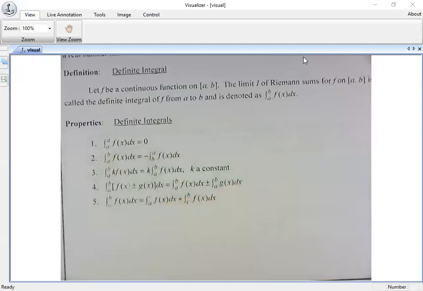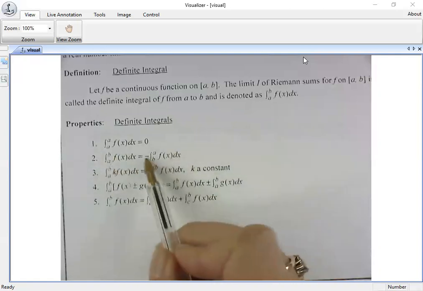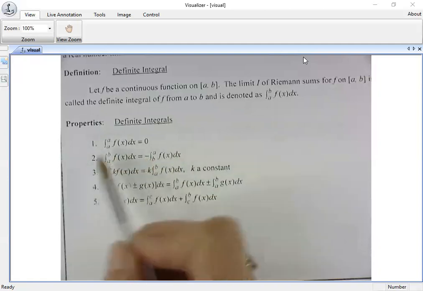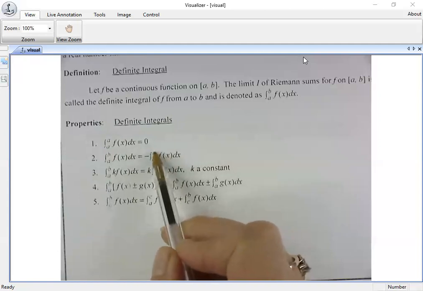In other words, instead of going from left to right, it's like you're going from right to left. There's a little adjustment you can make that will let you find that area under the curve easily, and it's simply this. If you put a negative sign in front, then you can switch so you have the lower limit as the smaller number and the upper limit as the larger.